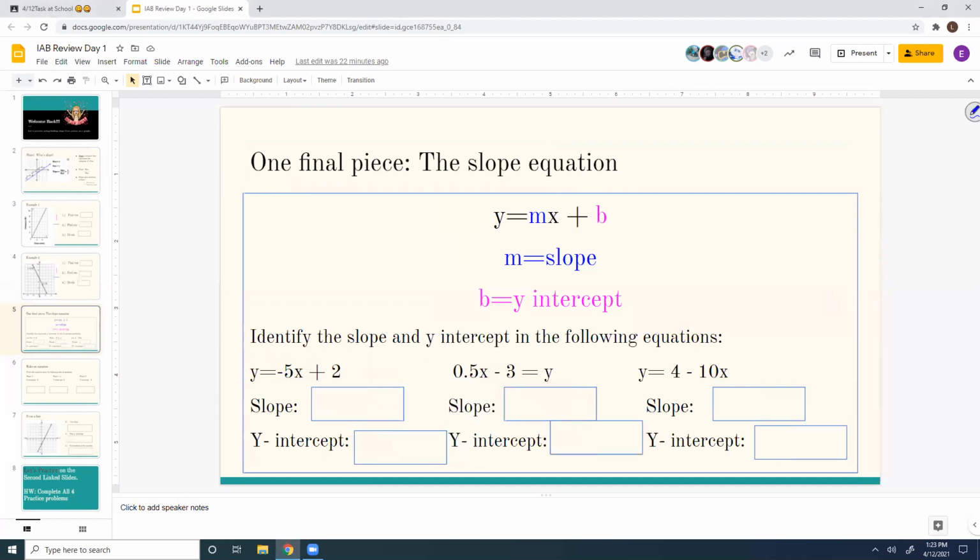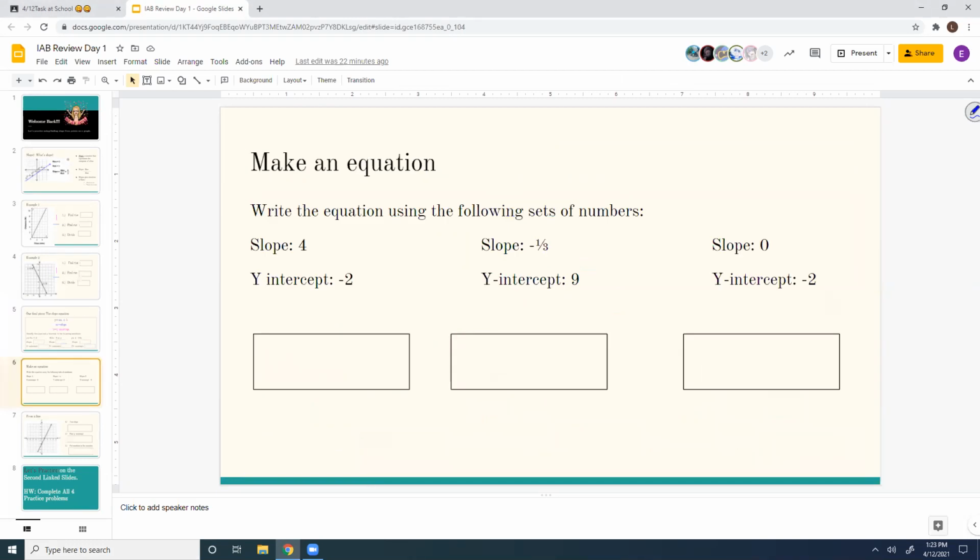Very nice job, everybody, on that one. Let's skedaddle down to slide number 6. It's right at the bottom of that page if you're in your packet. Now we're writing an equation using the following set of numbers. When we talk about equations, we write them in the form of what equals what?